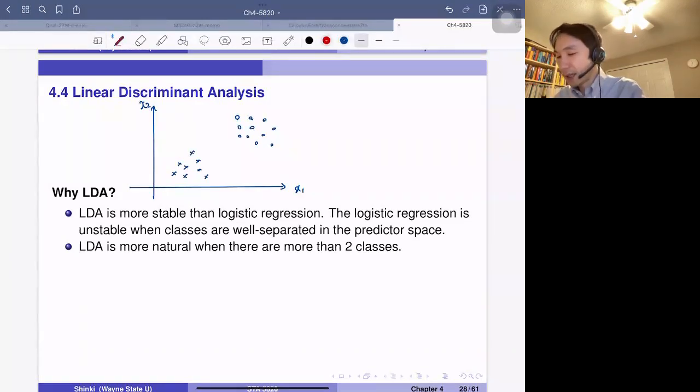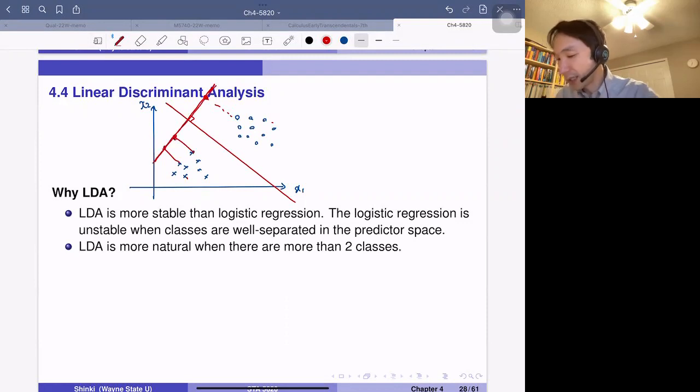But in this case, what does logistic regression do? Logistic regression is basically we think about some separating line, and based on the height with respect to this line, we decide how much the probability is to belong to this group and this group. Basically, we think about the projected height to this line to judge probability.